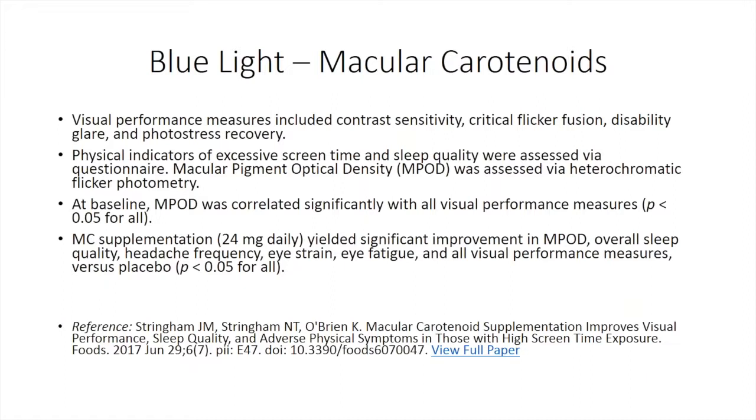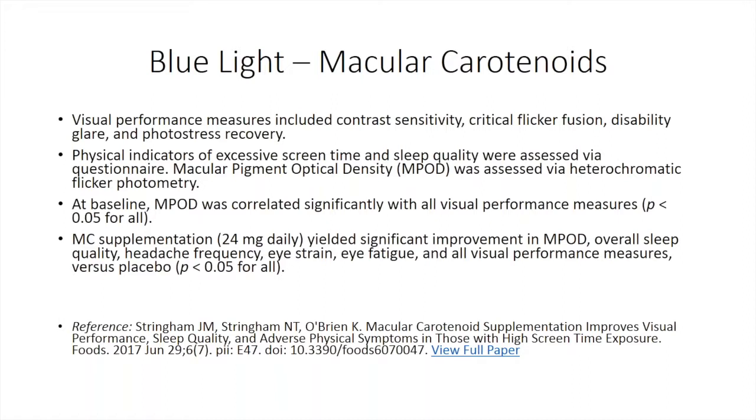So they looked at various different markers and measures, and they looked at physical indicators as well. They looked at macular pigment optical density, MPOD. It was assessed via a specific photometry method, and they found that the macular pigment optical density was correlated significantly with all visual performance measures.